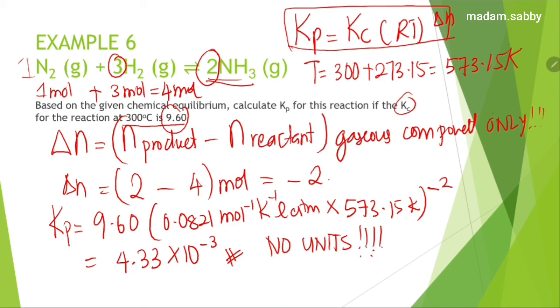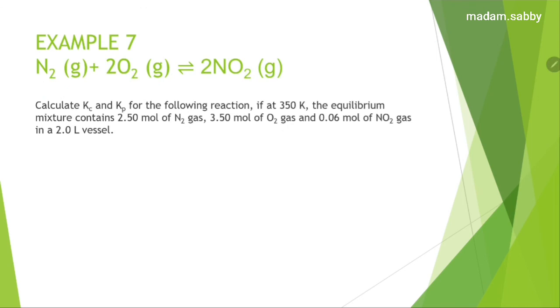Alright, so let's look at another example. Here N2 reacts with oxygen to produce NO2. First check whether the chemical equation is already balanced or not. It's already balanced. So you have to calculate Kc and Kp at 350 Kelvin, so T is 350 Kelvin.